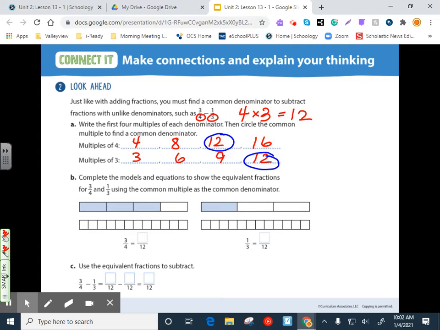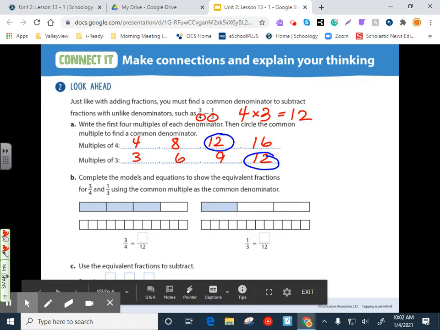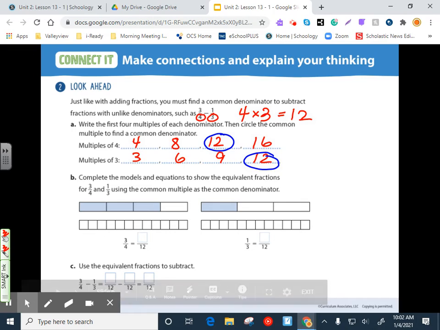Down here, complete the models and equations to show equivalent fractions for 3/4 and 1/3. What they mean is this. So now we have our 3/4 right here. We got 1, 2, 3 of those filled in. So we have to fill in 1, 2, 3, 4, 5, 6, 7, 8, and 9, and these will match up.